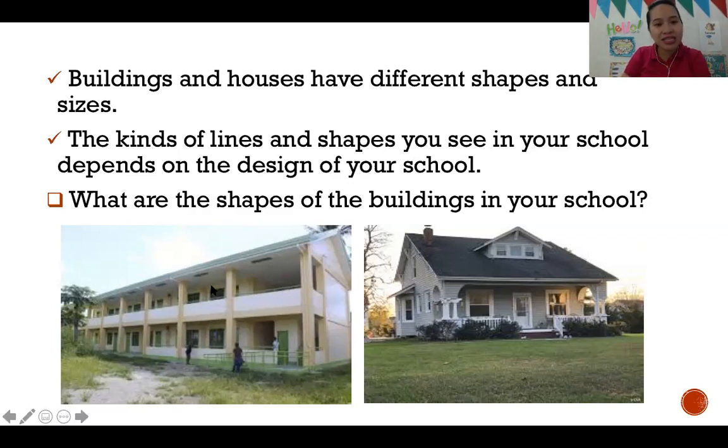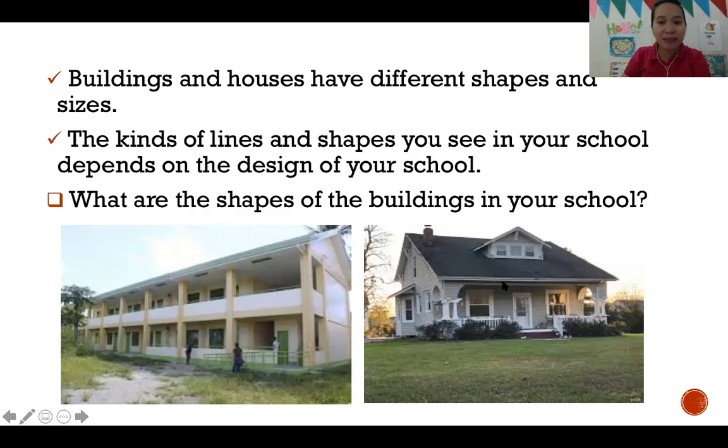So, look at this. This is a typical type of school that we have here in our country. Okay? With this design, usually, all you see are straight lines. Straight lines, and the shapes mostly are just rectangles. Except near the roof, you can see a triangle here.